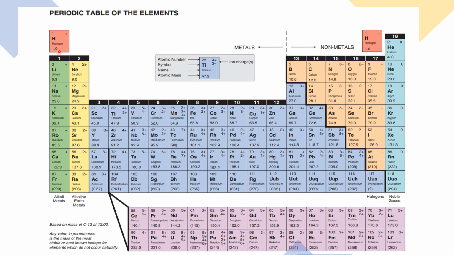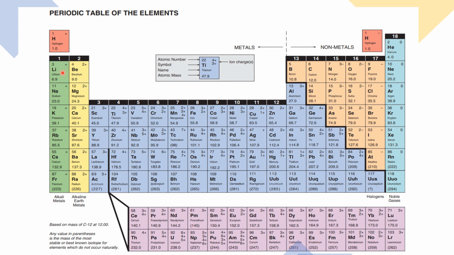If you might have noticed so far, we see a continuous increase in the atomic number in a certain way: 1, 2, 3, up to 18. So if we go from left to right, we see a continuous increase in atomic number.